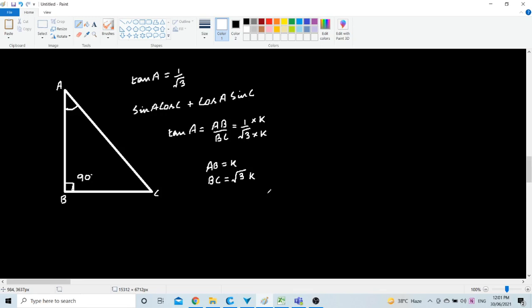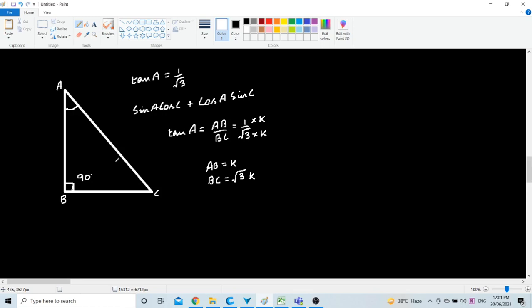Now we can rotate this angle as well whenever required. This AB is k, BC is root 3k.